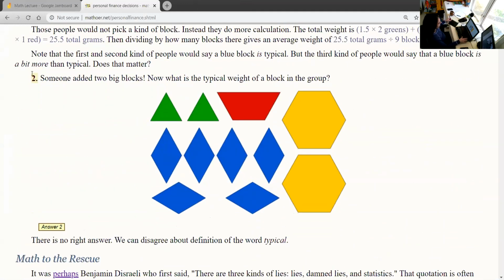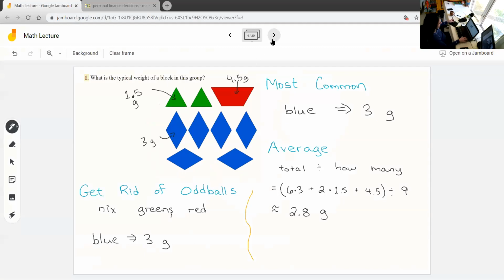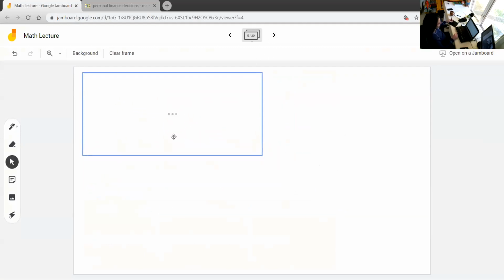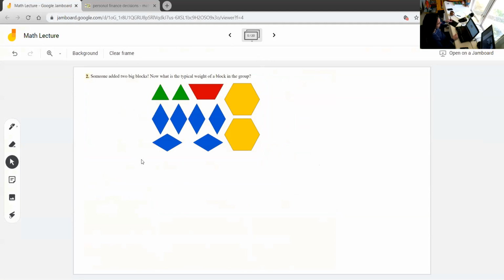If we changed it to this, it gets a little more interesting. You would expect that this has a higher answer than the others because we have these big, heavy blocks here.